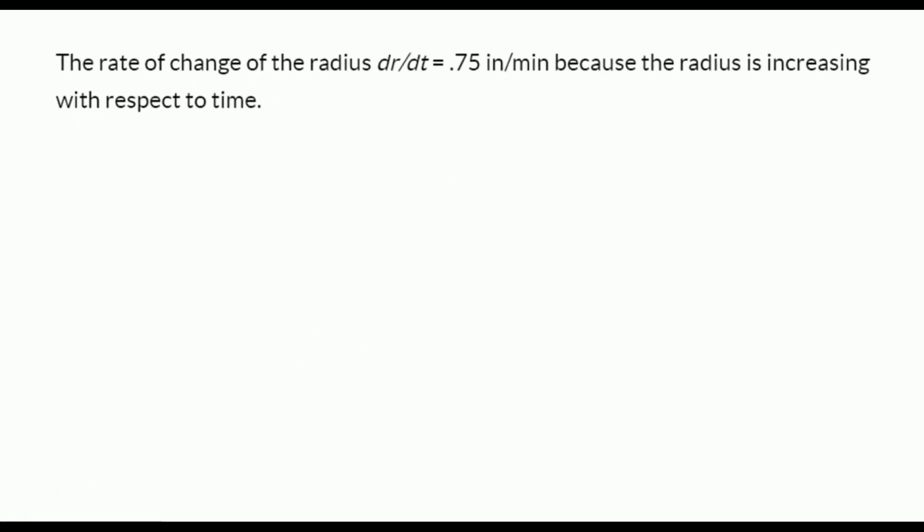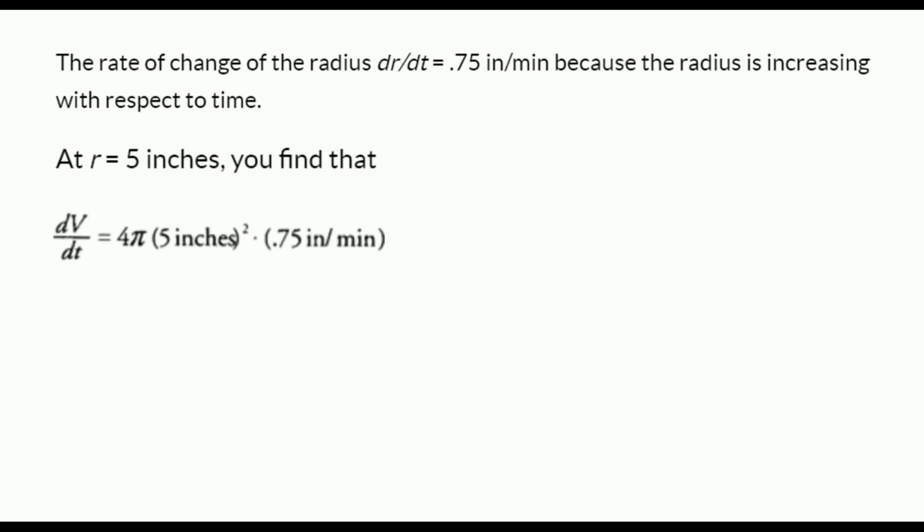That's dr over dt equal 0.75 inch per minute. So that will go in for dr over dt. Right, so now you can get the change of the volume with respect to time. And if you don't take the value of pi equal 3.14, you just get 75 pi, okay, inches to the power of 3. That's cubic inches per minute.